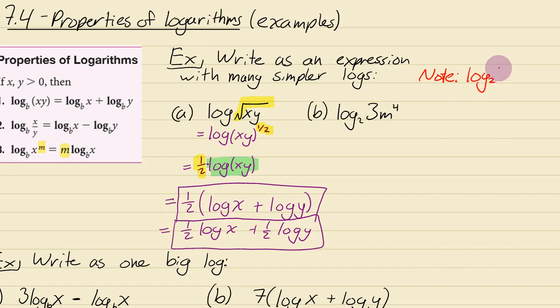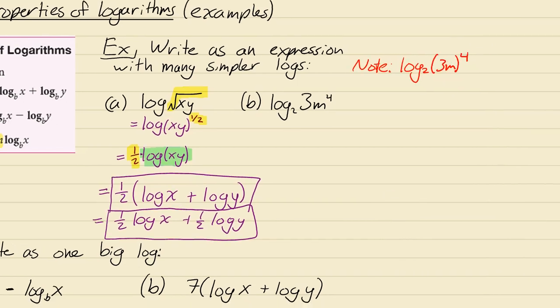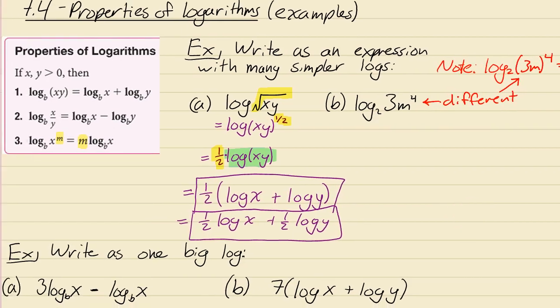Log base 2 of 3m, in parentheses, 3m to the 4. And then that we could write as 4 times log of 3m. But that's not what we have. This is different, because it doesn't have the parentheses around the 3m. So in other words, this isn't actually an exponential thing.